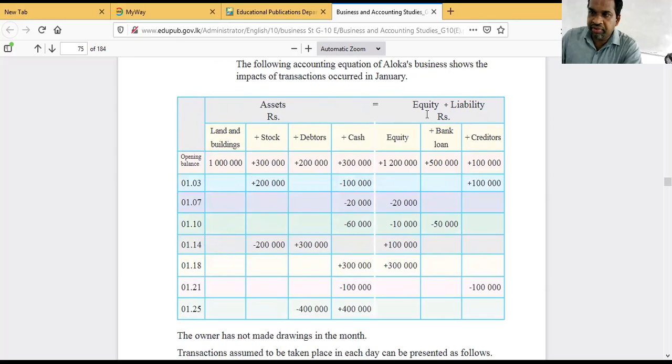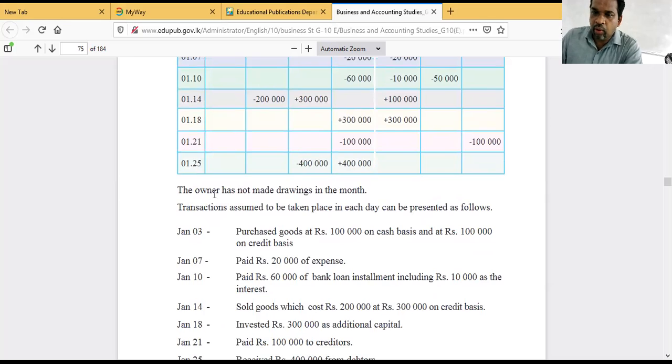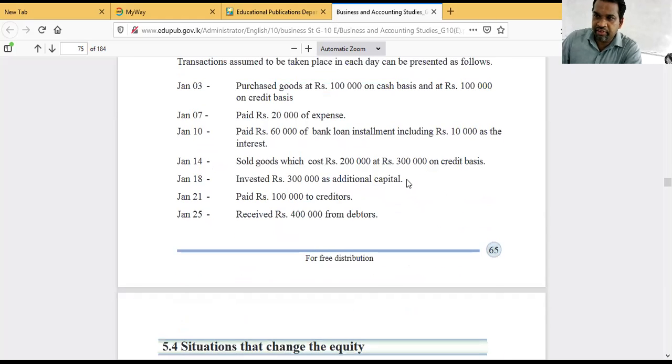That is the account equation, assets equal equity plus liabilities. Then, the owner has not made drawings in the month. Likewise, there can be special notes given in the question. Transactions assumed to have taken place on each day can be presented as follows. Here they have given you the answer, but now I am going to explain the theory part related to this by using the answer available in your textbook.